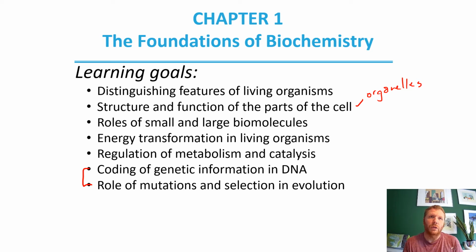At Texas State, it's 4385, or 5385 if you're a graduate student. It's taught as a stacked class. Lots of students pursuing medical school or taking the MCAT want that class because it's very important for studying for the MCAT and doing well on it. So there are our learning goals for this chapter.